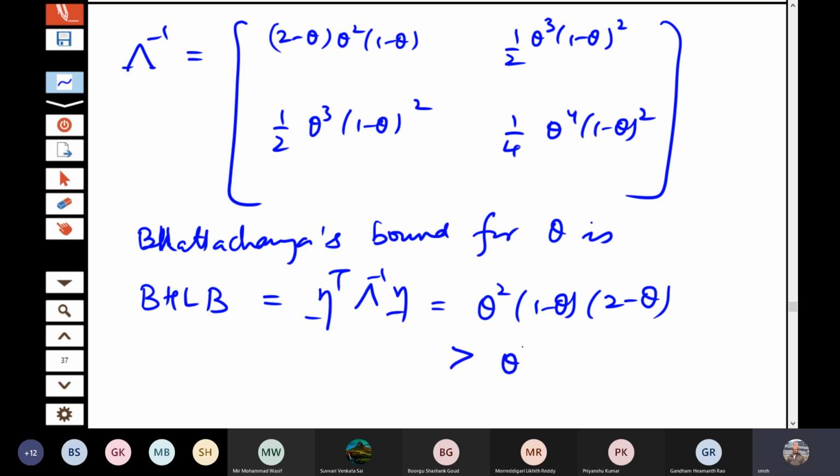Actually, it is greater than theta square into (1 minus theta), that is the RCLB. So you can see that this is sharper. So this is just an example of the calculations here. And you can see that just for the second order application of this Bhattacharya's lower bound, we need to do a lot of evaluations here.